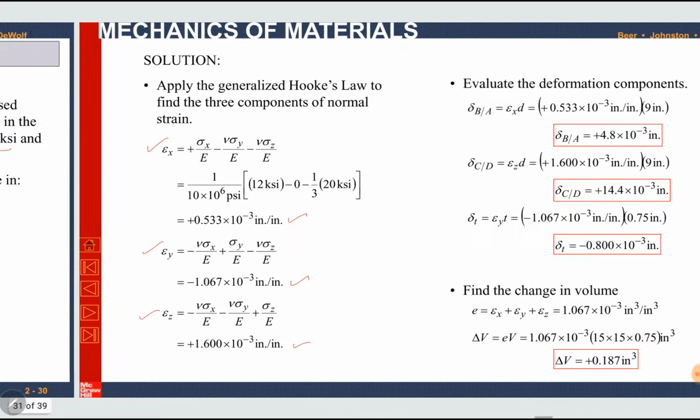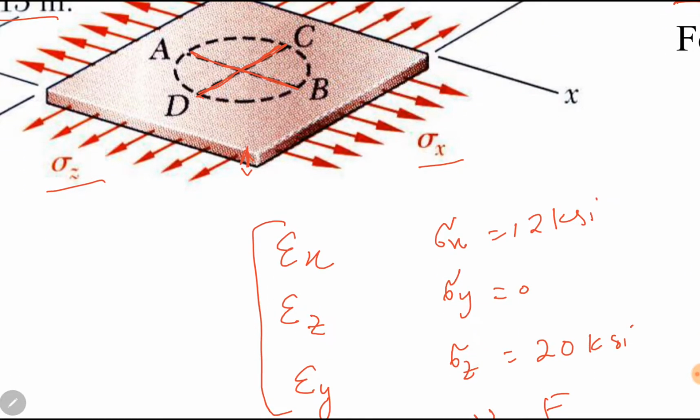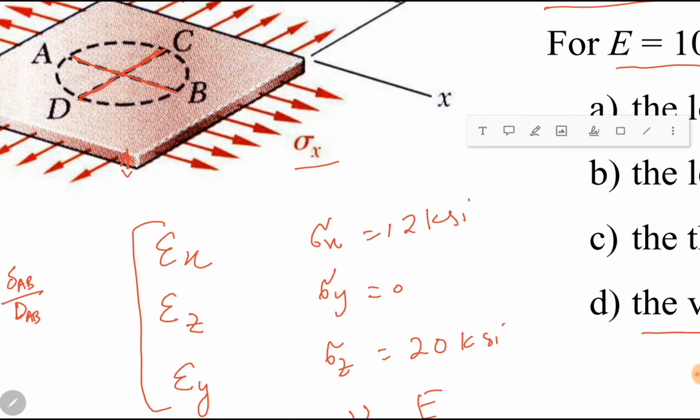Now the diameter AB is in x direction. We know that strain is equal to delta divided by length. So epsilon x is equal to change in AB divided by length of AB. Length of AB is actually diameter AB. Diameter AB and CD both are the same because it is a circle.